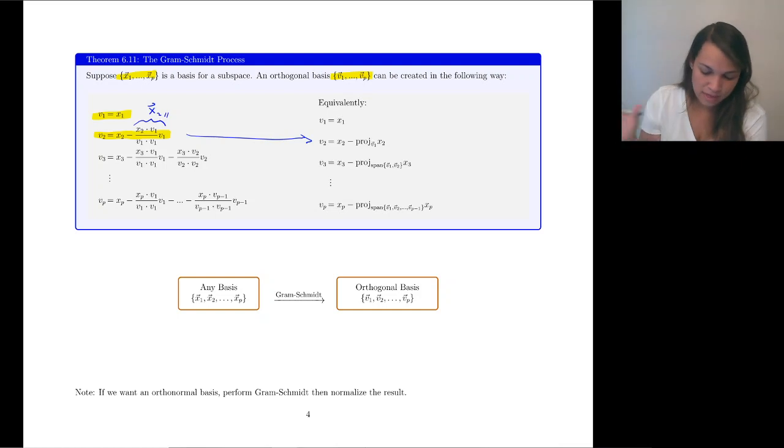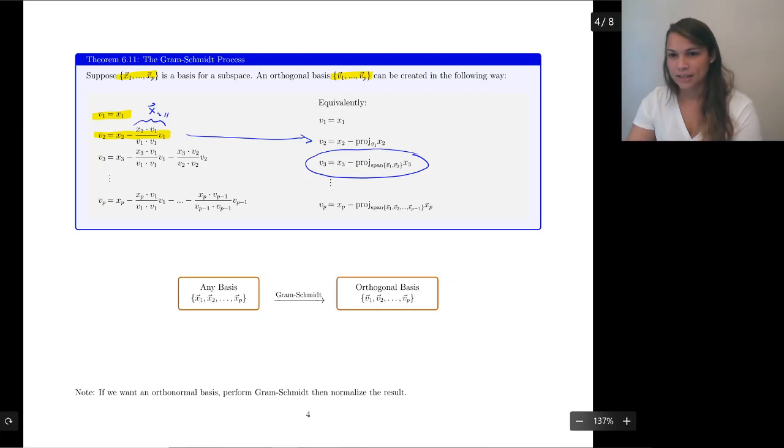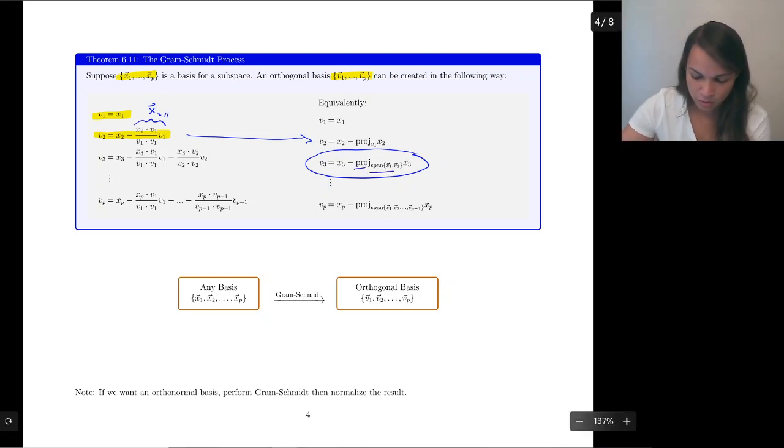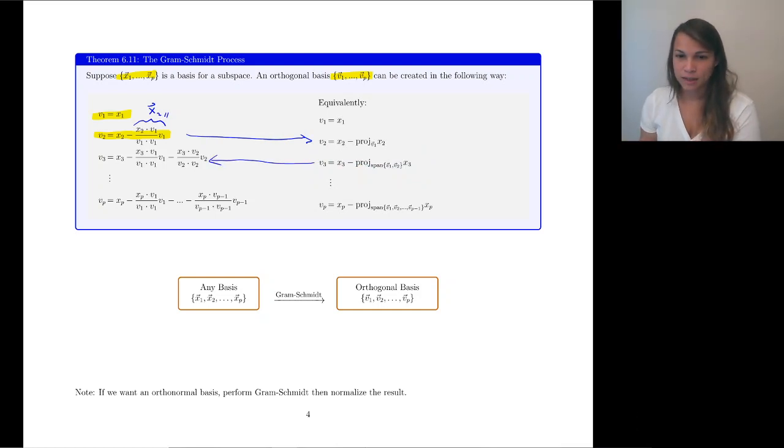Okay, and then the very next one, I'm going to start here. We're going to say V3 is X3 minus the part that was parallel to what we already had. That would be the projection onto the span, so minus the parallel part. And then if we just use the definition of projection, we get back to that piece right there. It should look very familiar from what we had on the previous slide.